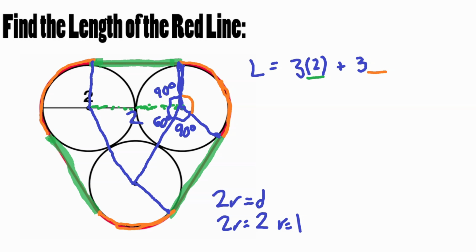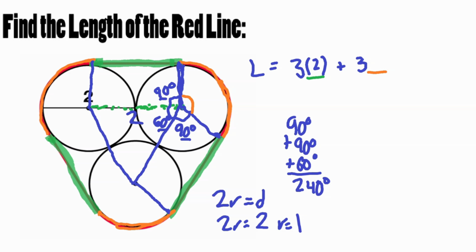So the angles that are not made up of the orange are 90 degrees, plus 90 degrees, plus 60 degrees, right? 90, 90 and 60, which is equal to 90 plus 90 is 180, plus 60 is equal to 240.